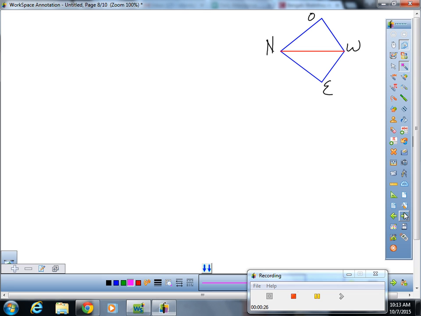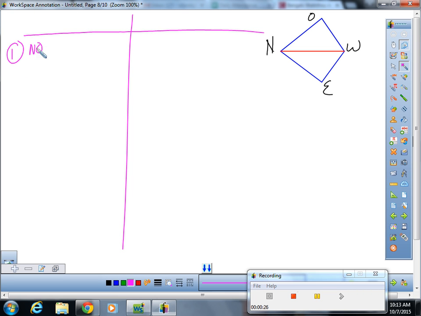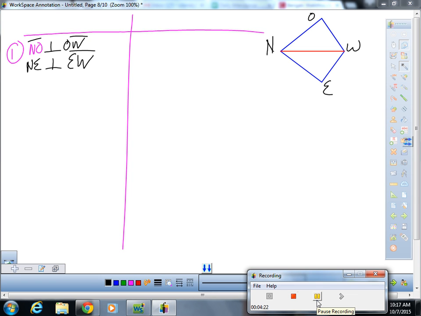That's great. So, let's say we're given that NO is perpendicular to OW, that NE is perpendicular to EW, and that NO is congruent to OW.